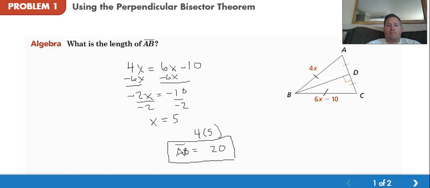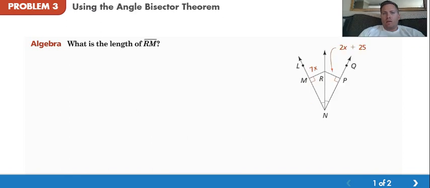Alright, we've got one more left, our last problem. It says, what is the length of RM? Looking at this picture, we see that this line bisects it. Remember we said that the shortest distance from the line is perpendicular, so that's why we see these lines right there.